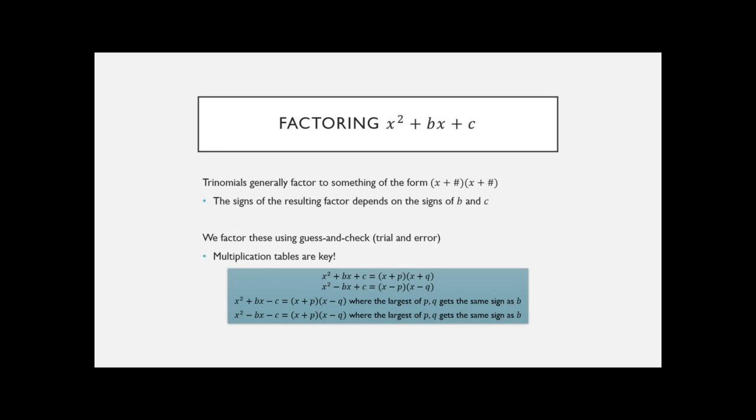When we factor, we get a result of x plus a number times x plus a number. Or sometimes there's a minus sign, but that's the general form because that's what it looks like before you go through FOIL. And whether you get pluses or minuses depends on the signs of B and C.